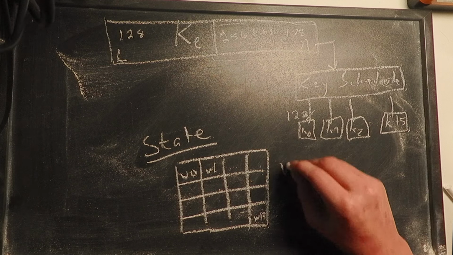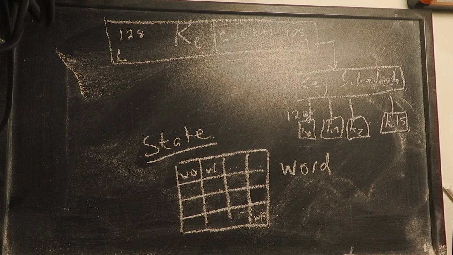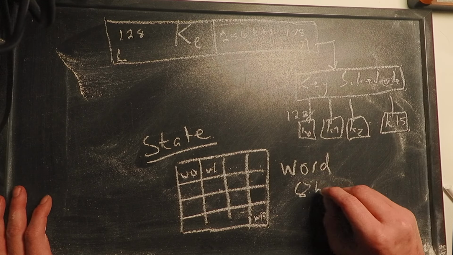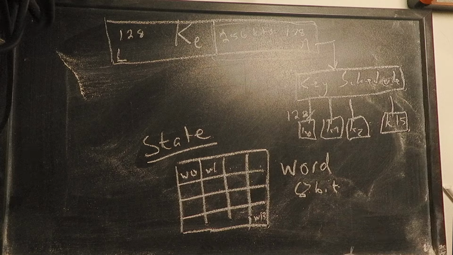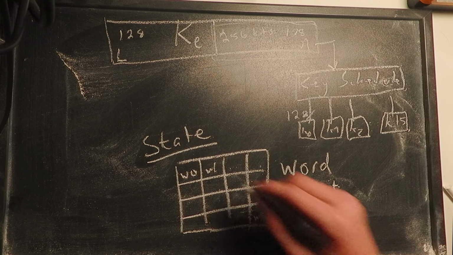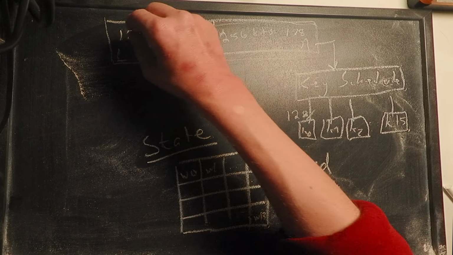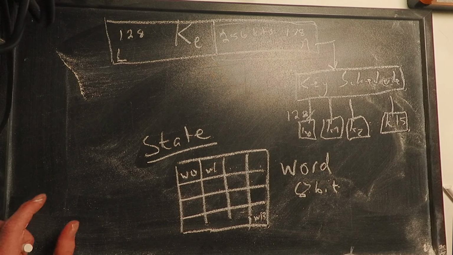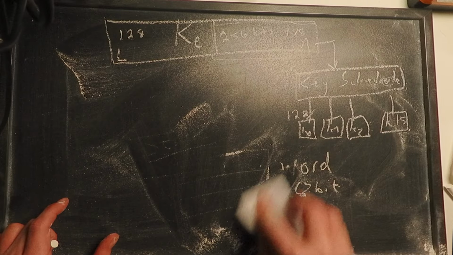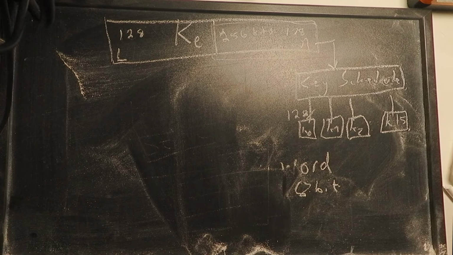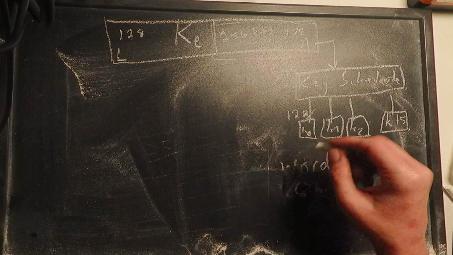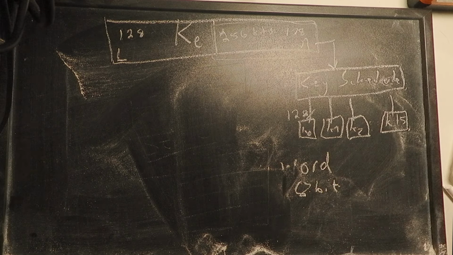And the W stands for word, and the word length in this encryption cipher is 8 bits. So each of these contain 1 byte. And if you plus these together, you have 128 bits. So that's the internal state of the cipher. And that's where the left part of the encryption key goes. So these 128 bits are populating all these boxes inside of the internal state.